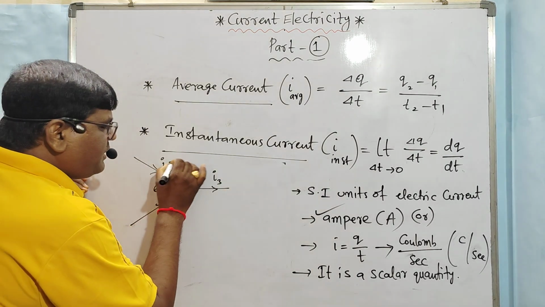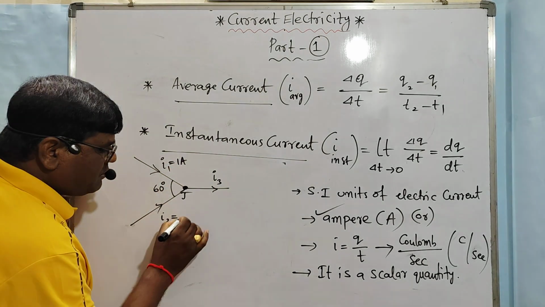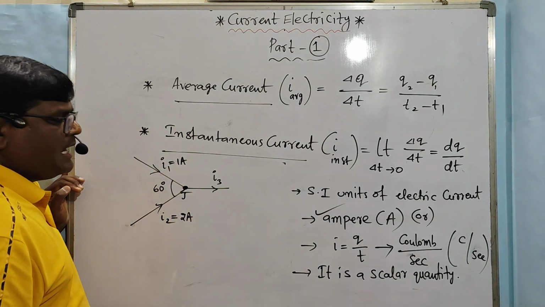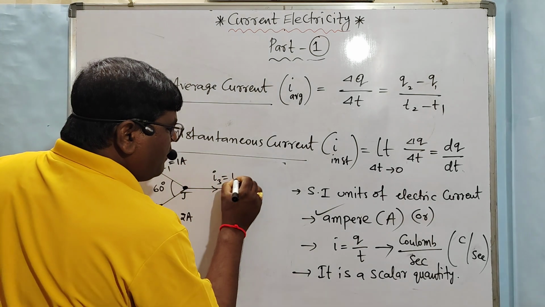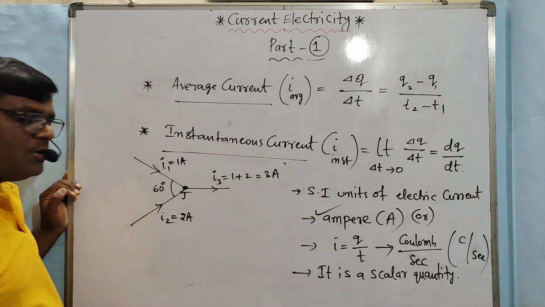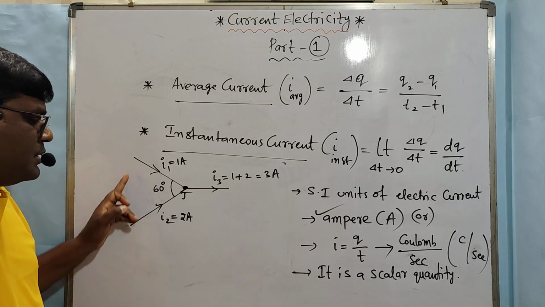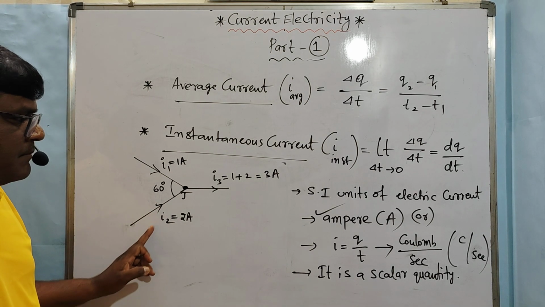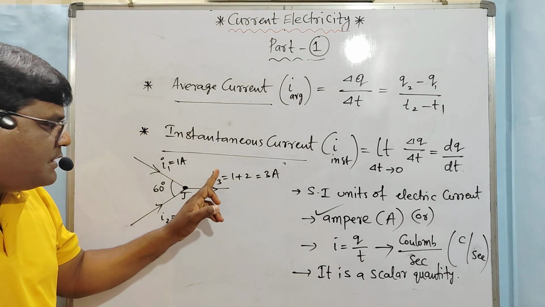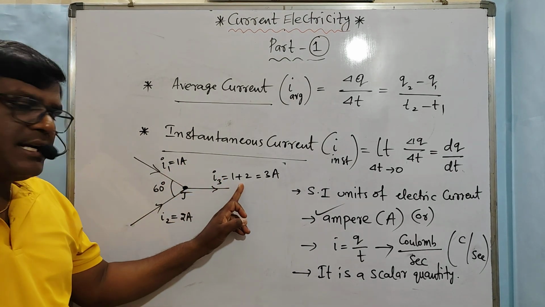We know that if I1 is equal to 1 ampere and I2 is equal to 2 amperes, I3 must be 1 plus 2, that is equal to 3 amperes only. It is independent of the angle between these two currents. It can be found directly by adding these two currents.